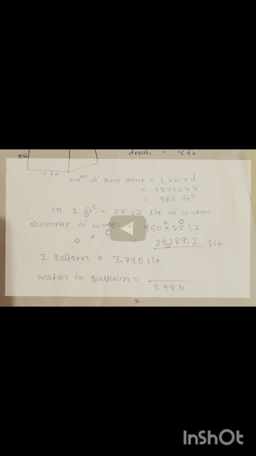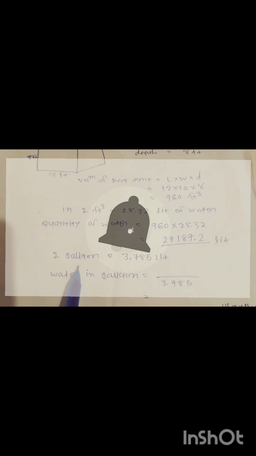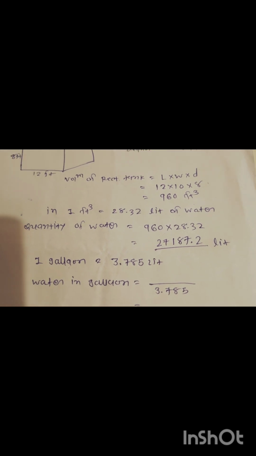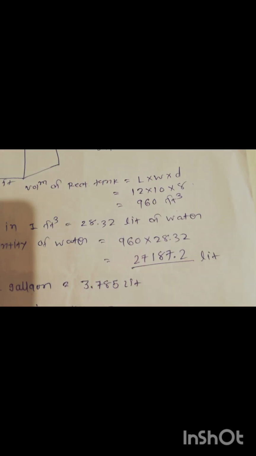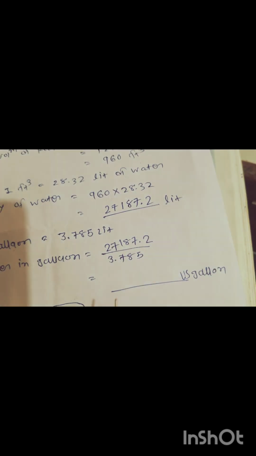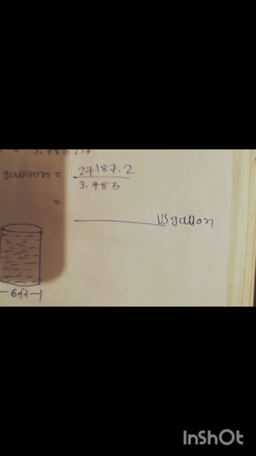For the US gallon, in 1 gallon there is 3.785 liter of water stored. So the water in gallon is 27187.2 liter divided by 3.785 liter for 1 gallon.